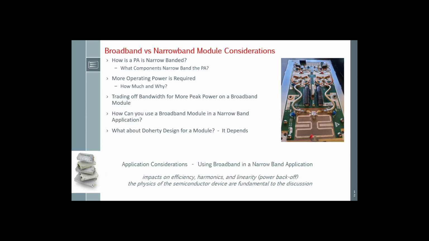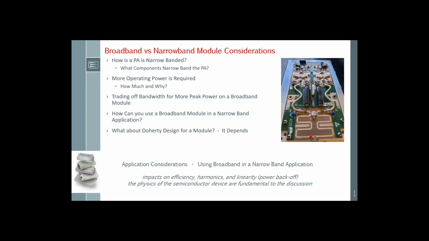First of all, it's very difficult to define what's narrowband and what's broadband. We have a customer that wants an amplifier that goes 1.7 gigahertz to 2.2 gigahertz. And for me, this is narrowband. For them, it's broadband.